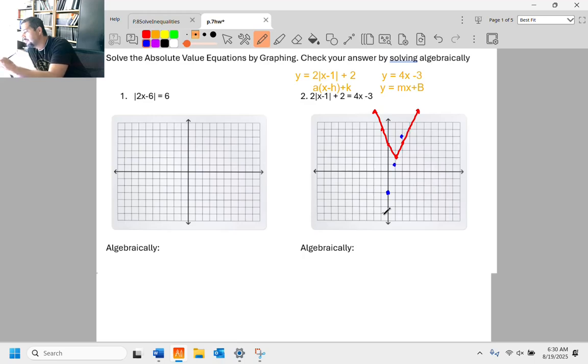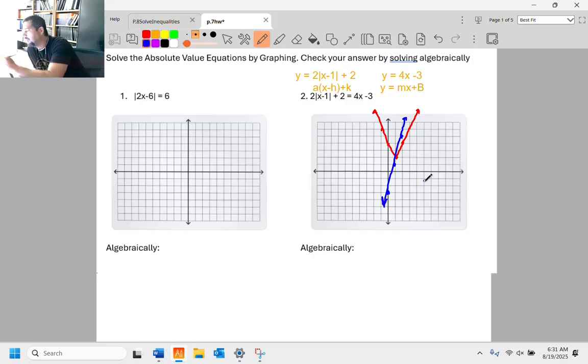And here's the issue with solving by graphing. Where is it intersecting? You kind of have to guesstimate. It almost looks like it intersects at 1, 2.